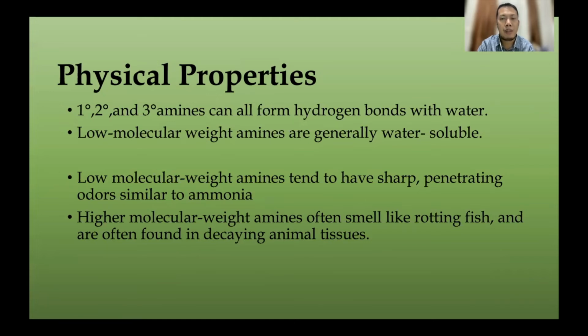Whenever you smell decaying animal tissue, for example, a decaying body of a mouse in your ceiling or on the floor or in any storage, that is the amines that you are smelling.